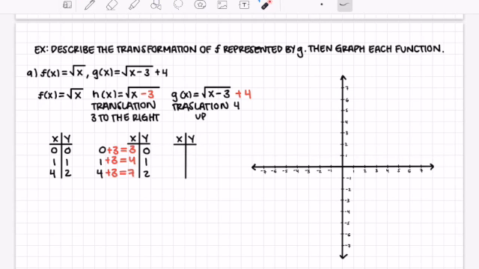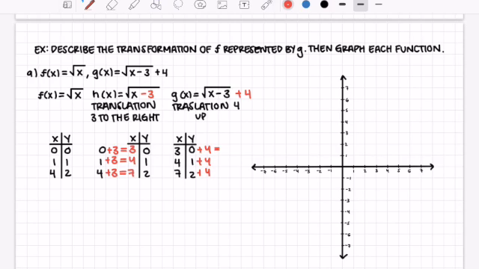And if we're moving up, that means that we're focusing on our y-axis. So my x values are now going to stay the same as 3, 4, and 7. And my y values now are all going to be added up by 4. So add 4 to every single one of them.